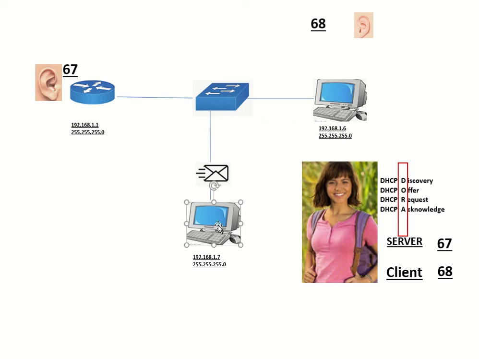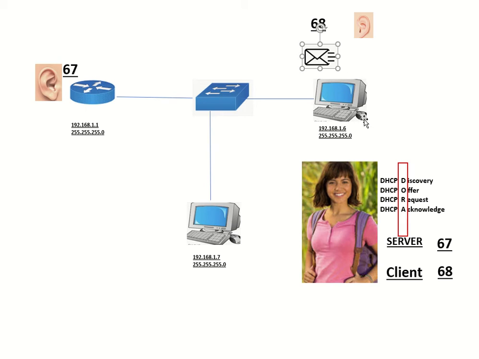And since it already has an IP address, it will simply discard the message until one of those broadcast messages gets to the device that requested an IP address. So this DHCP client will open the message and it will see the IP address that the DHCP server is offering.